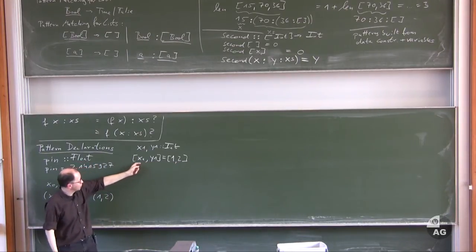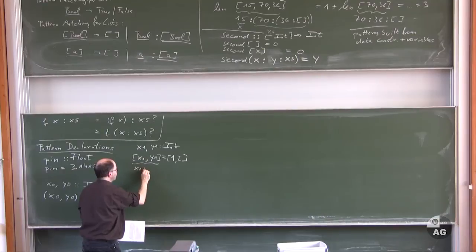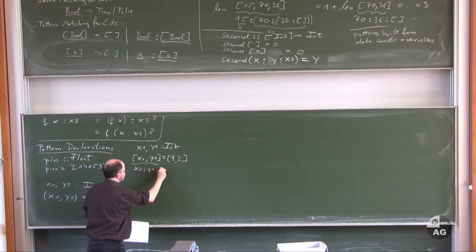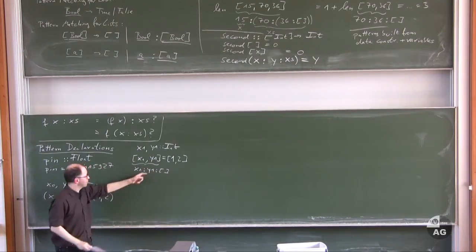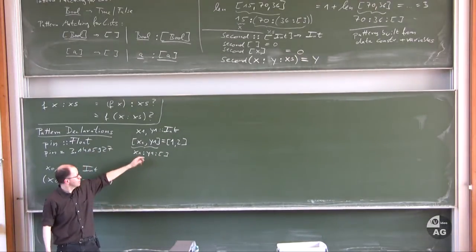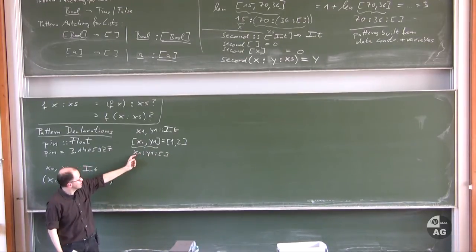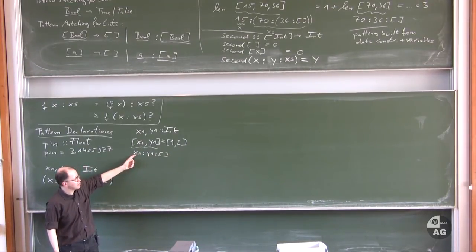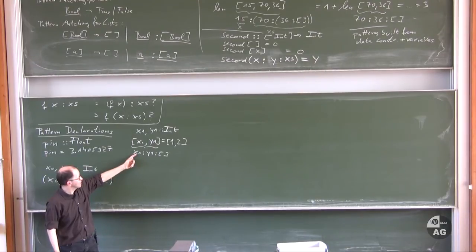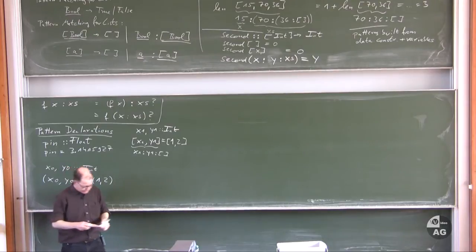It's a term built of data constructors and variables, because this is just a shorthand for x1 colon y1 colon empty list. So this term is 1, 2. So you can always declare that some pattern should be some fixed expression as long as it's clear which value each variable in this pattern gets. So here x1 gets the value 1 and y1 gets the value 2.